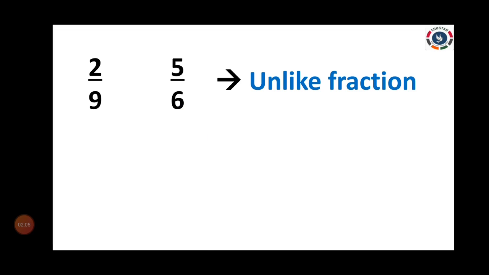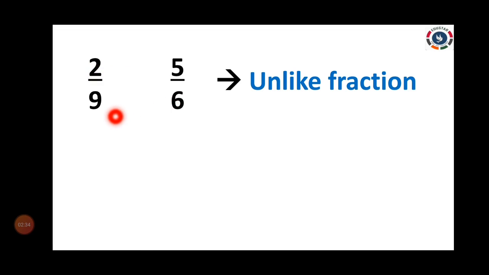How can we find which is the greater fraction among the two values? I am going to tell you an easy way to find it. Here what is given in the top numerator? 2. That 2 you have to multiply by the second fraction's denominator. First number's numerator and second number's denominator you should multiply.